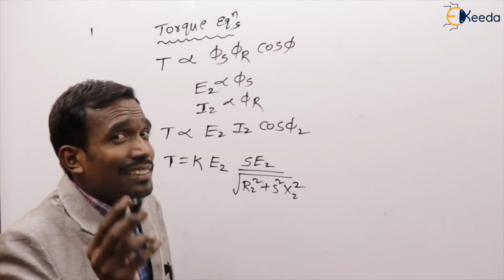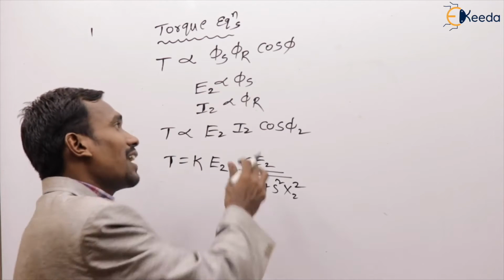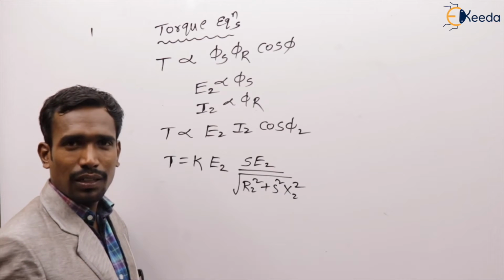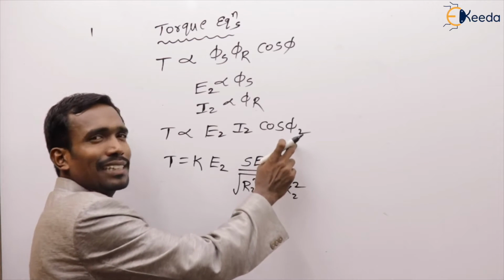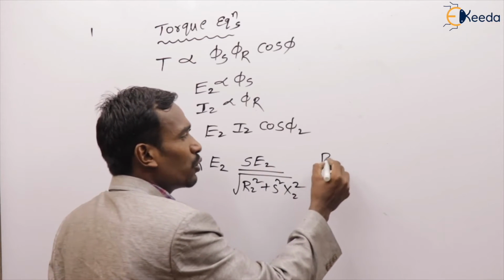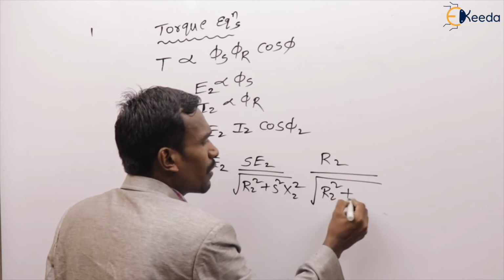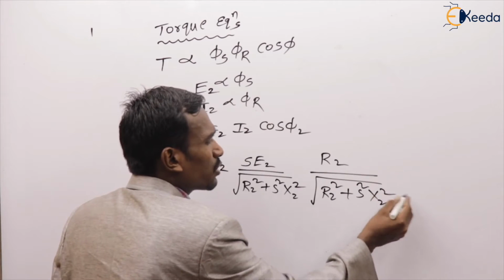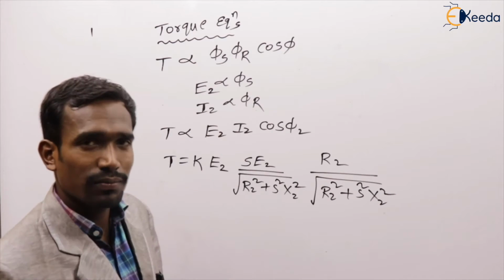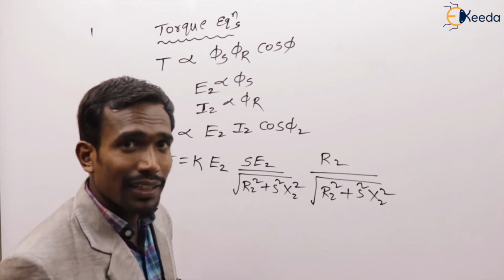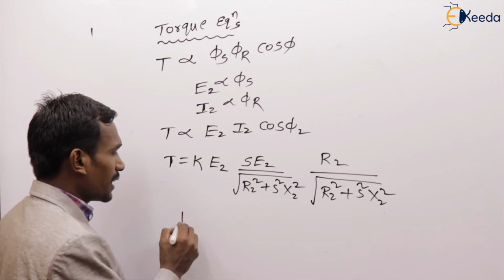In rotor analysis, cos phi 2 is equal to R2 by square root of R2 square plus S square X2 square at running condition.